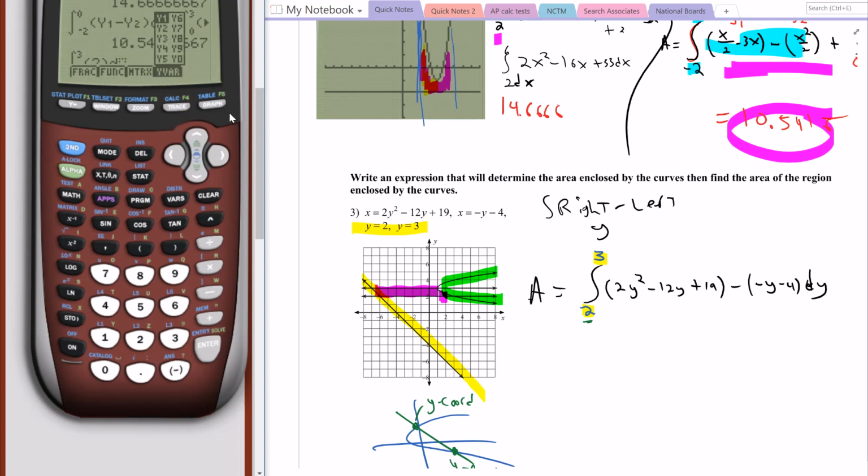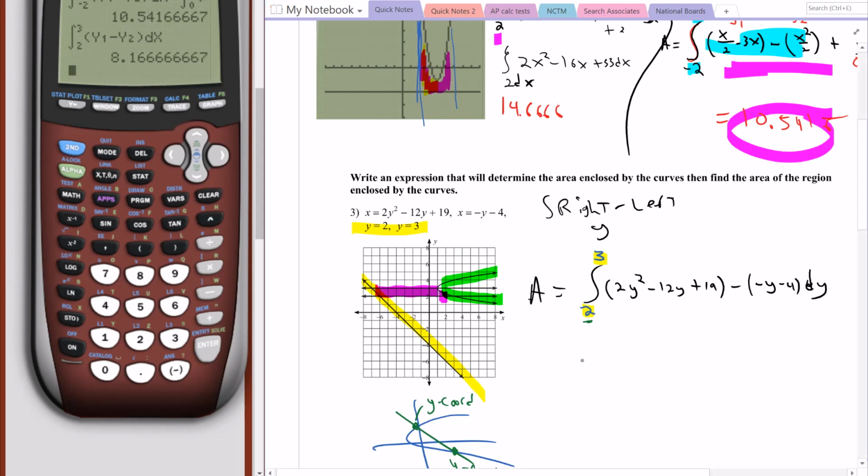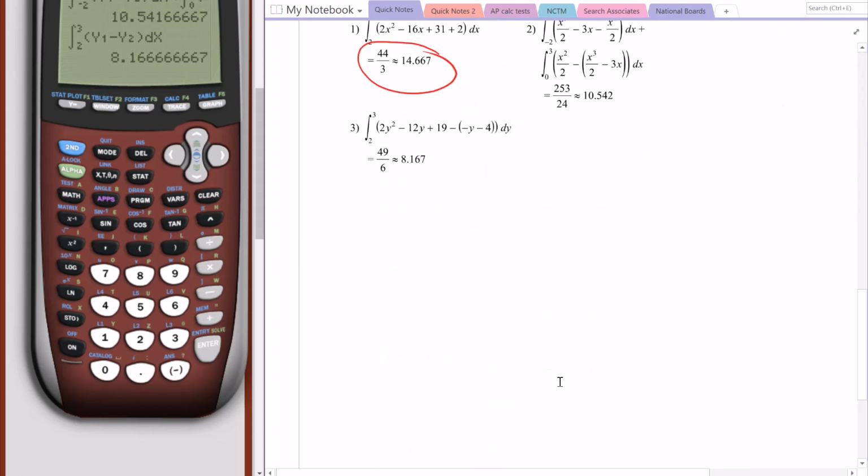Alpha trace y1 minus alpha trace y2 dx, and we're getting 8.166, and so on. And let's make sure that's correct as well. Yeah, 8.1 is good.